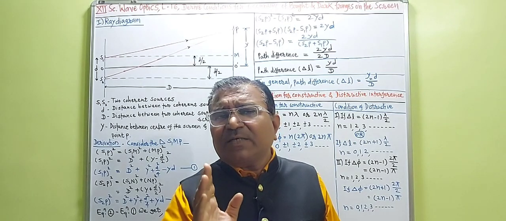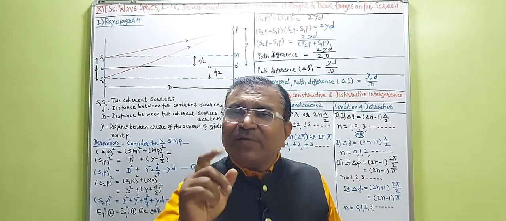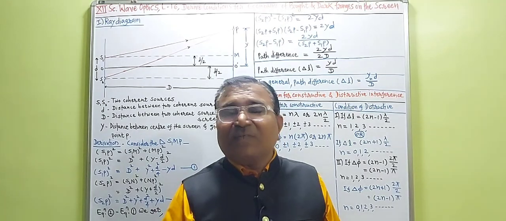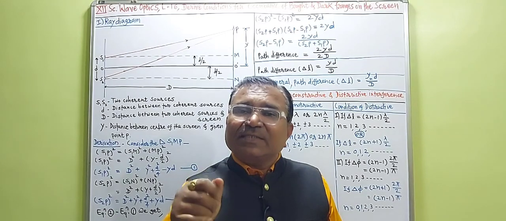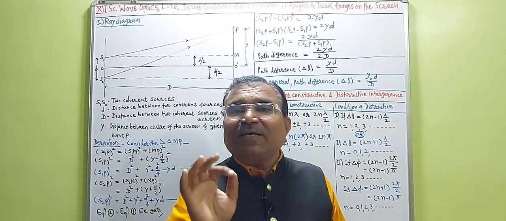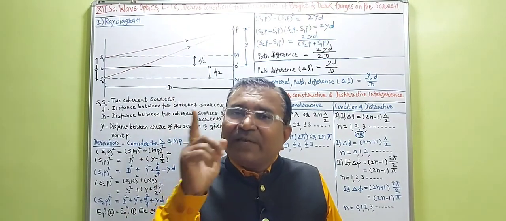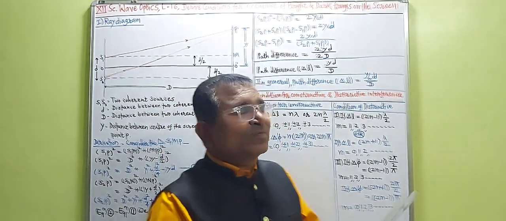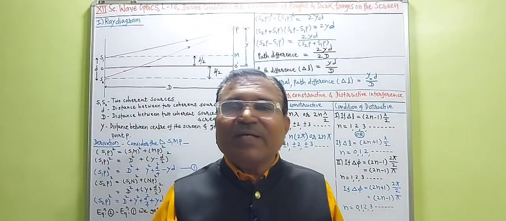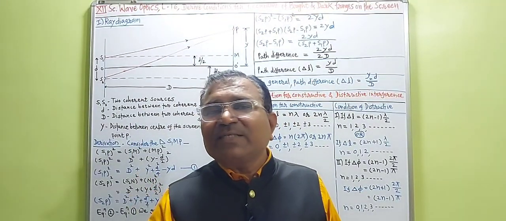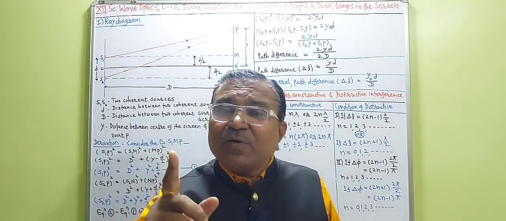If the path difference is either an integral multiple of wavelength lambda, or if the path difference between two waves is an even multiple of half the wavelength, where n starts from 0, plus or minus 1, plus or minus 2, plus or minus 3, and so on, we get a bright point.